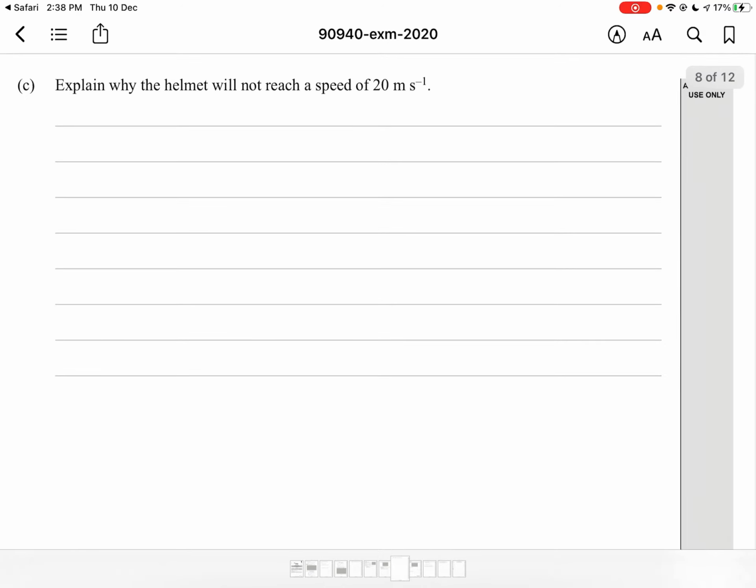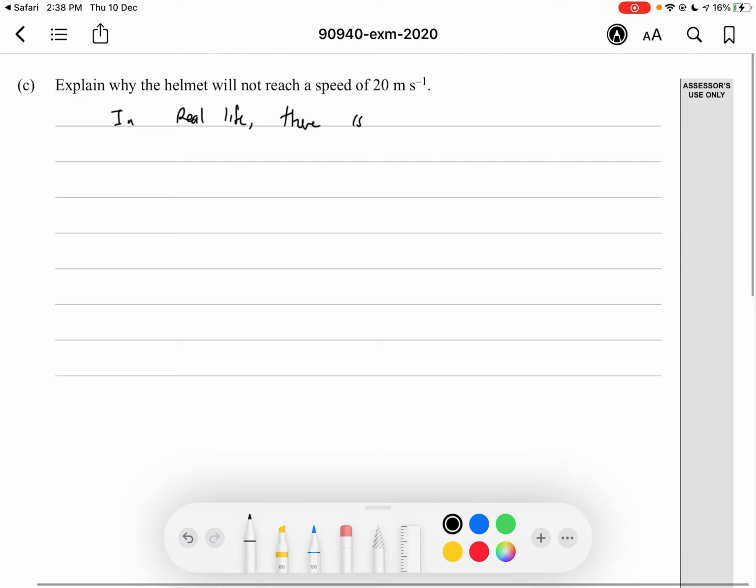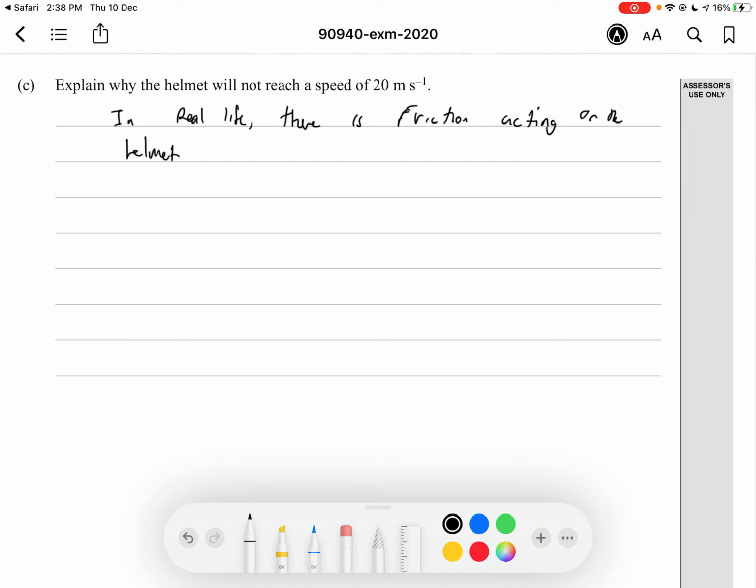Question C. Explain why the helmet will not reach a speed of 20 meters per second. For this one, we can say that, as I was just explaining, in real life there is friction acting on the helmet.